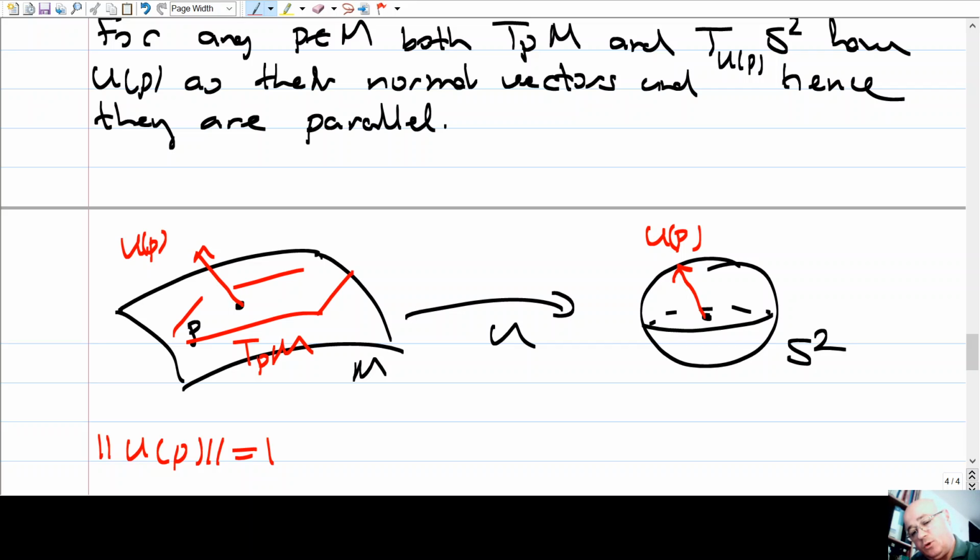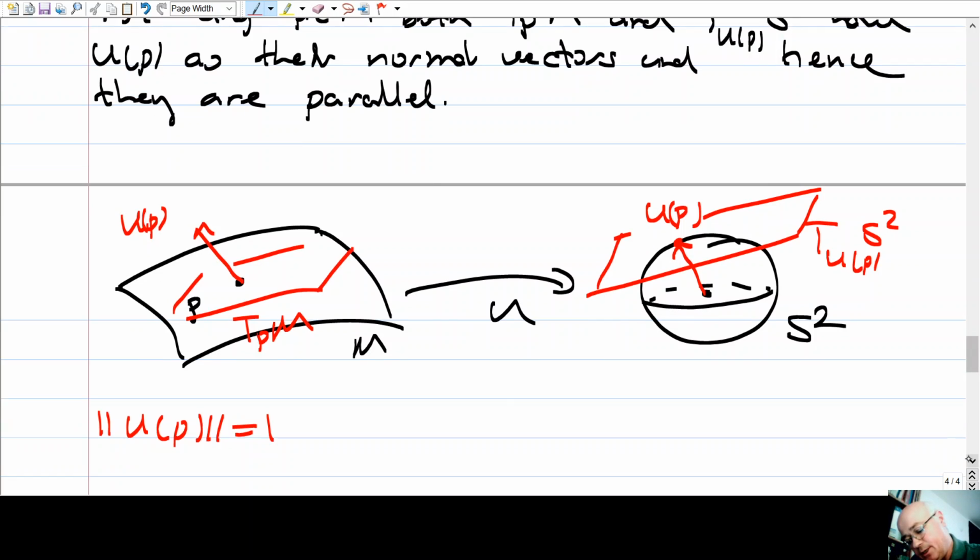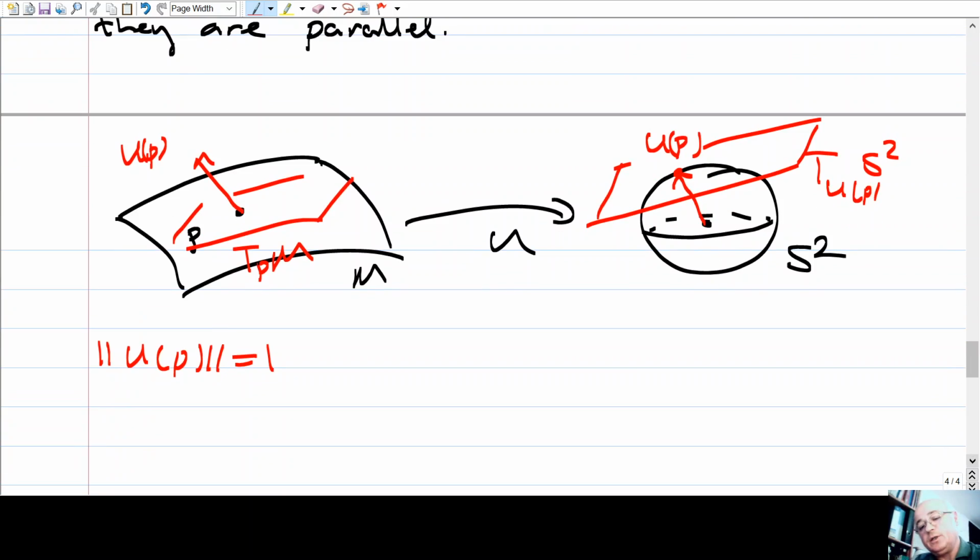And since these two vectors are parallel to each other, the tangent space to the sphere at this point, the tangent space at the point U_P of S2, and this tangent space are parallel to each other.